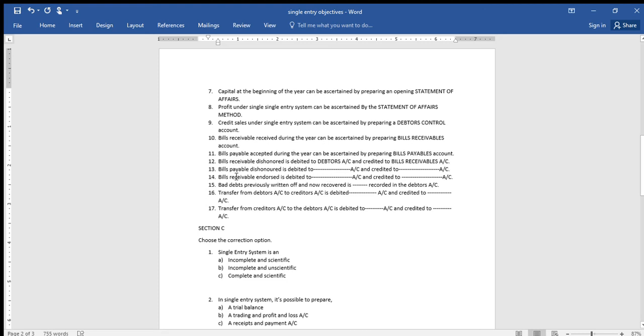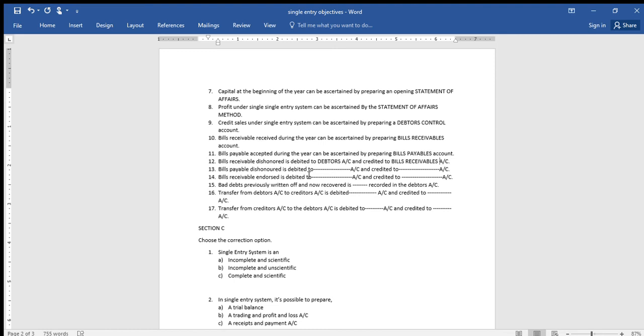Then number 13, bills payable dishonored is debited to. Like when you pay your creditors, creditors are liabilities, and they reduce by debiting and increase by crediting.